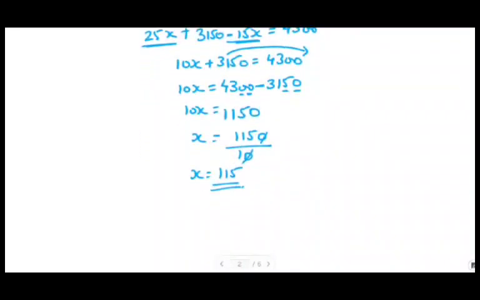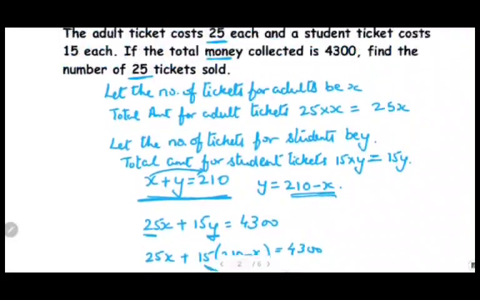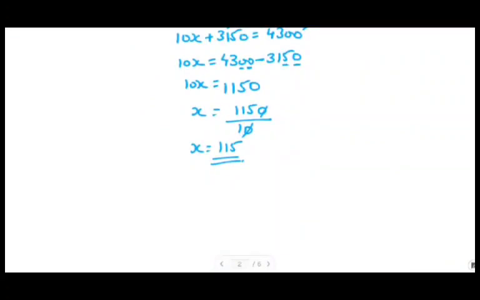That cost 25, whatever the currency. Correct. So x is 115. Statement: find the number of 25 rupee tickets sold.